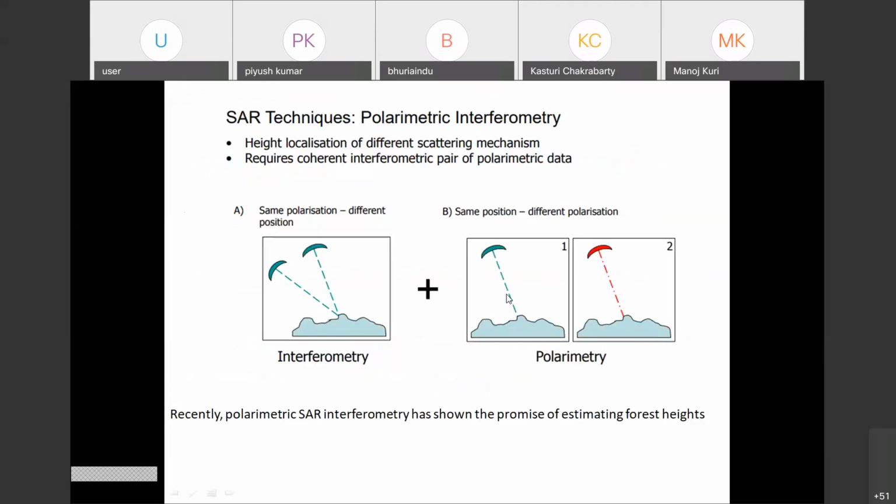So now we have certain techniques like interferometric techniques that I will not discuss here, just to give a glimpse of why it is important: it can further improve the height characteristics of the forest, and that is very important for regions like the northeastern region, where the topography plays an important role, and accordingly the forest height determination will play an important role.